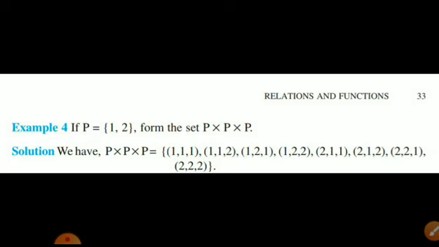Now see, if P is equal to {1, 2}, form the set P cross P cross P. Now P cross P cross P is nothing but what? It is a triplet.